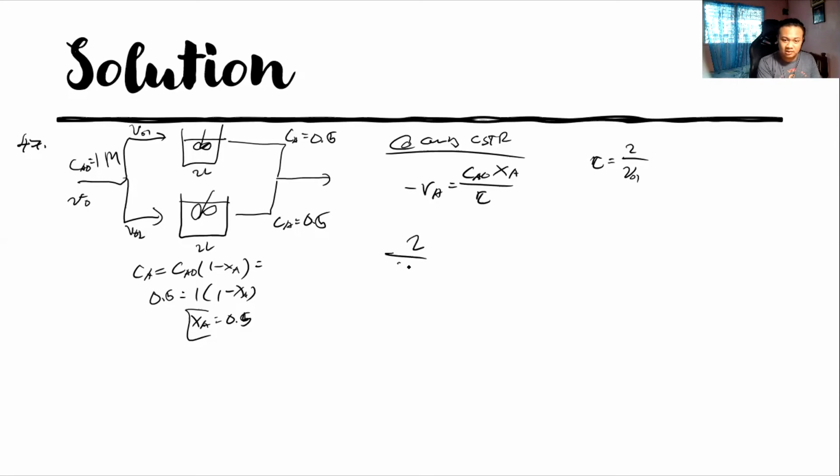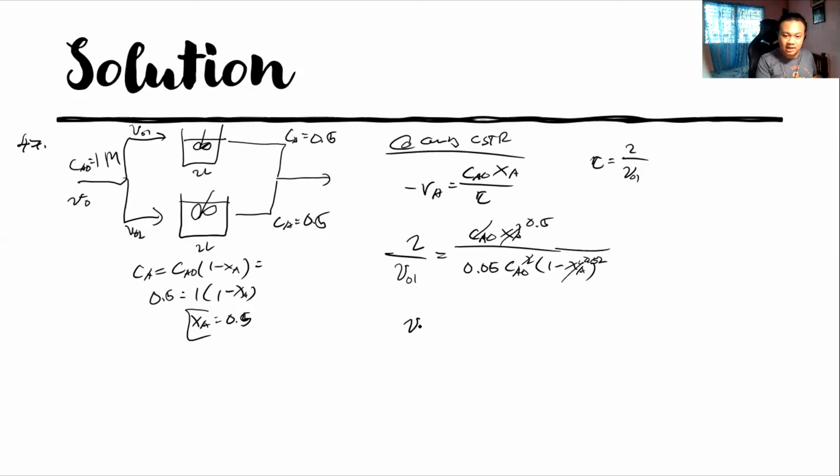So you have 2 over VO1, and then we substitute RA, so 0.05, and substitute 0.5 here and 1 here, which gives 0.5 again.